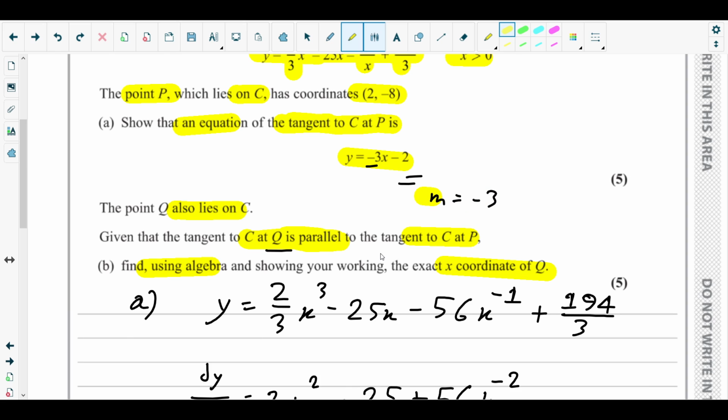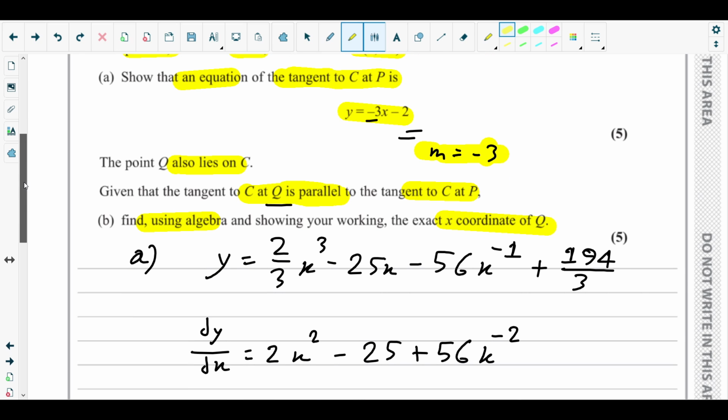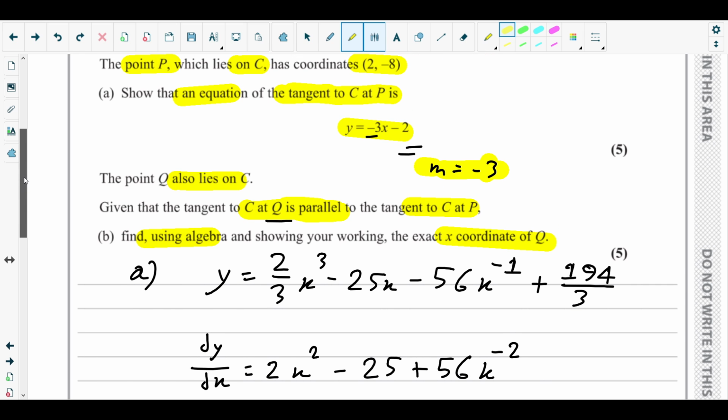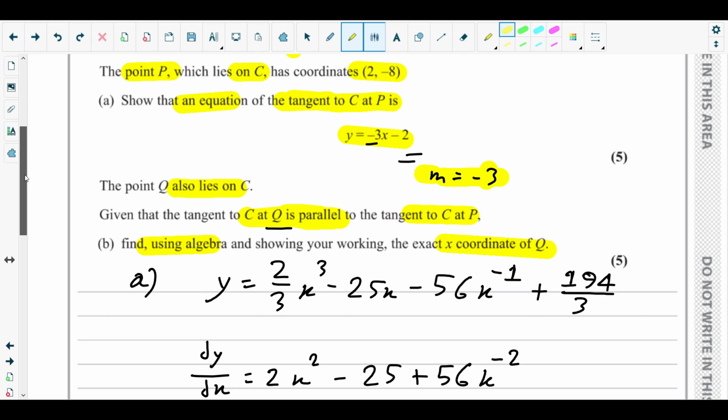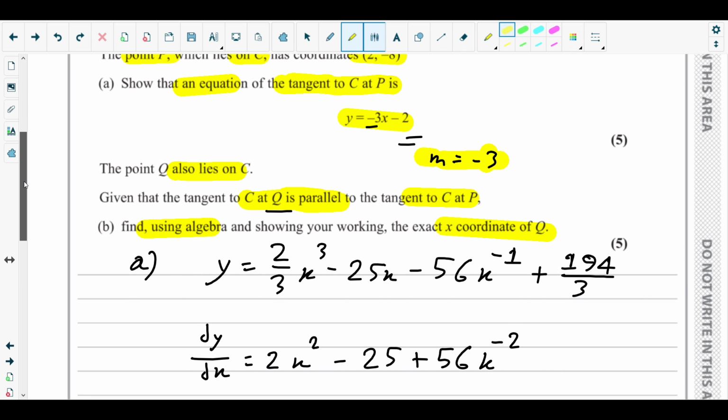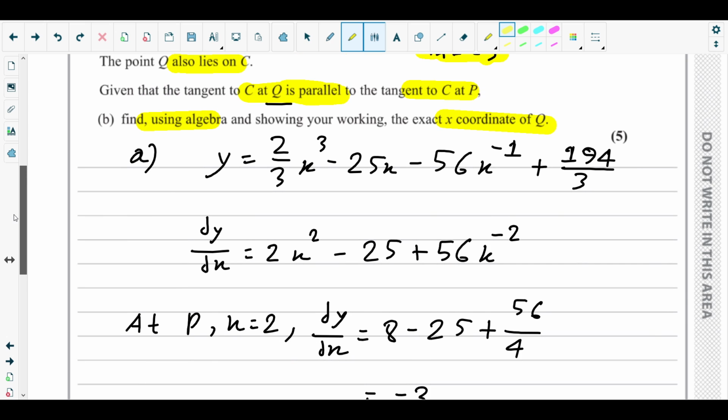Since this is the tangent, where it meets the curve at that point, the gradient of the curve is the same as that of the tangent, right? So rather than finding the equation of the tangent at Q, we can do one thing.